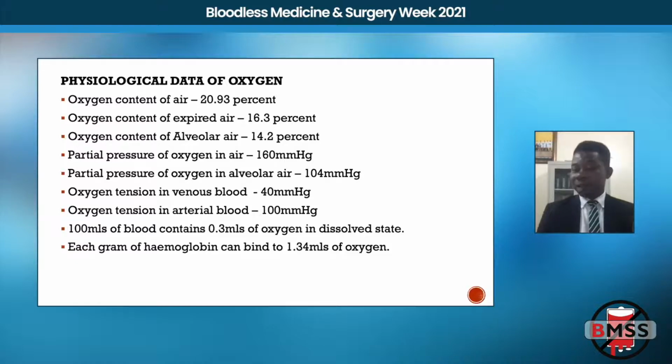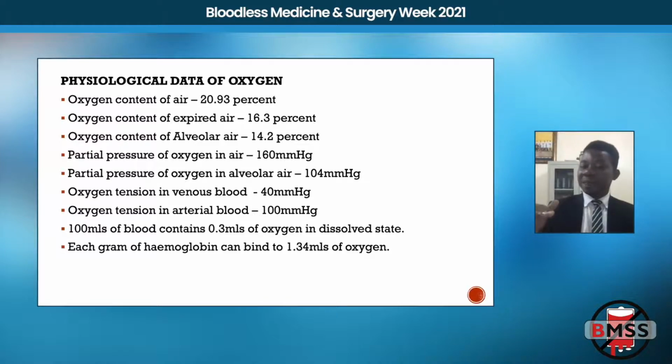In terms of physiological oxygen transport, taking into consideration how oxygen moves from the atmosphere, which is about 21% oxygen, you have the expired air, which contains about 16.3% of oxygen. At the alveolar level, it's about 14.2%.